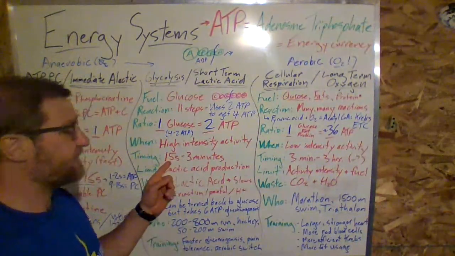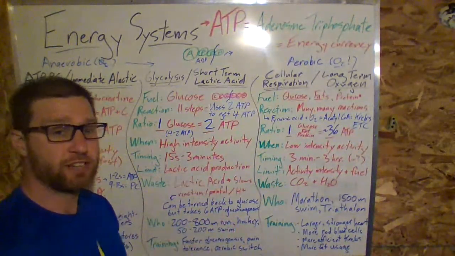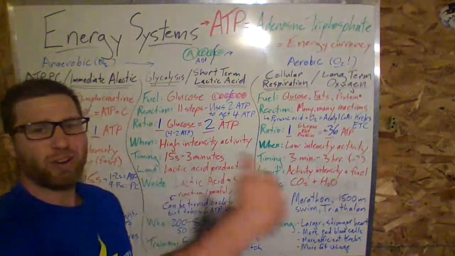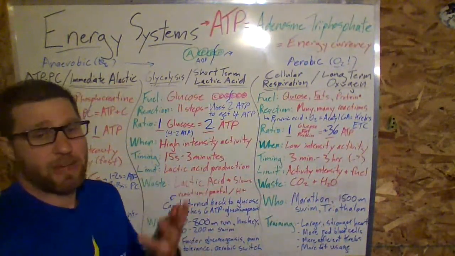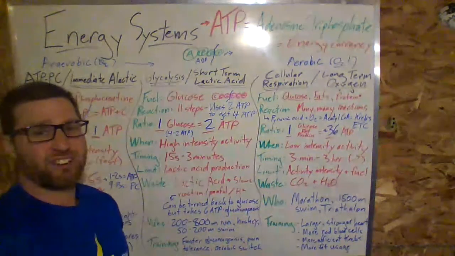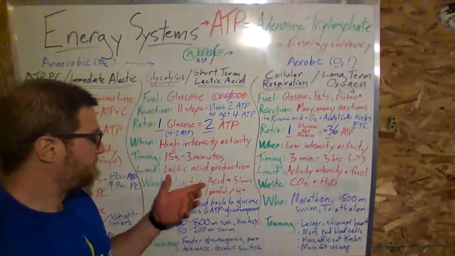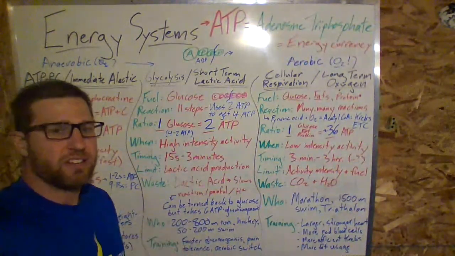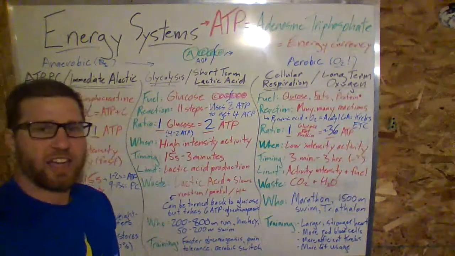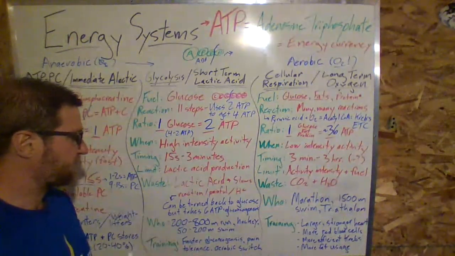So the timing is about 15 seconds, once I use up all of my phosphocreatine, till about 3 minutes or so. This is a little fuzzy. It depends on your training, and on your muscle fiber makeup, type 1 or type 2. But around 3 minutes is what we're going to say for our short-term lactic acid system.